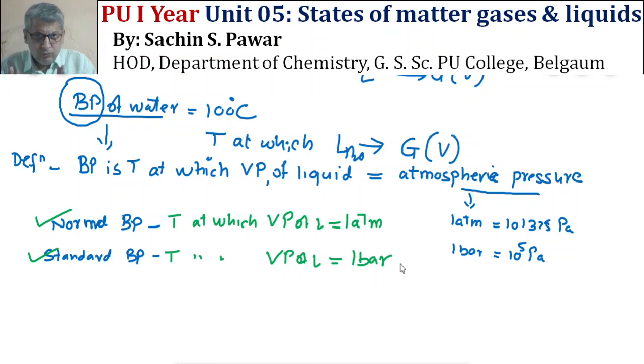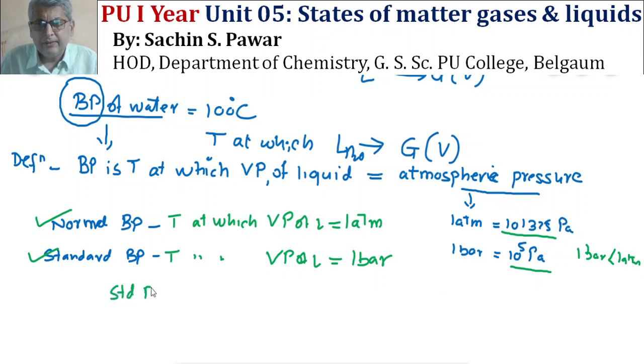Now, 1 atmosphere is 101,325 pascals and 1 bar is 10 to the power 5 pascals. That means 1 bar is less than 1 atmosphere. So definitely the standard boiling point will be less than the normal boiling point.